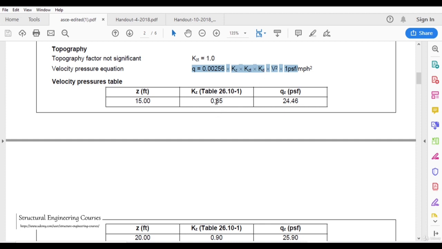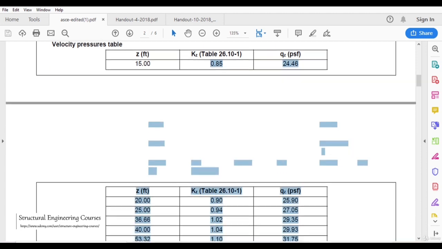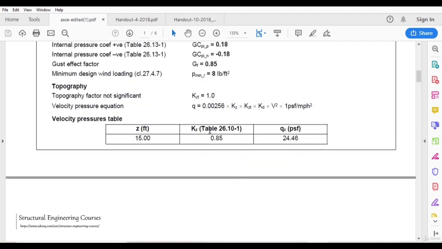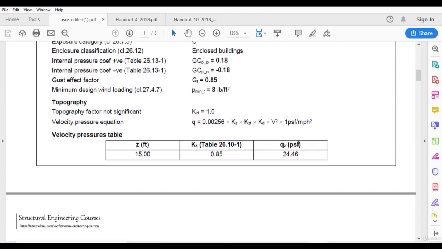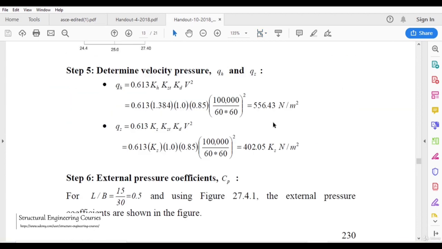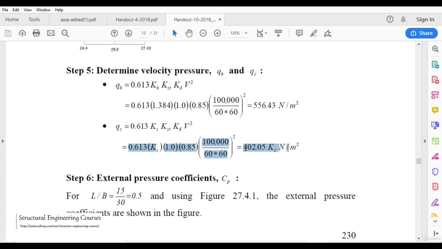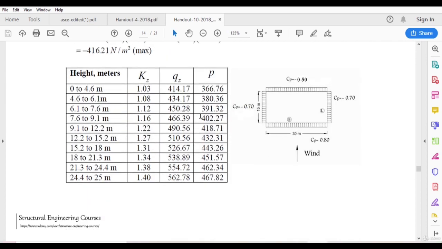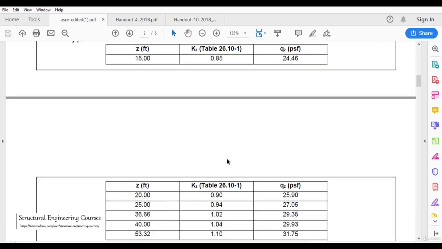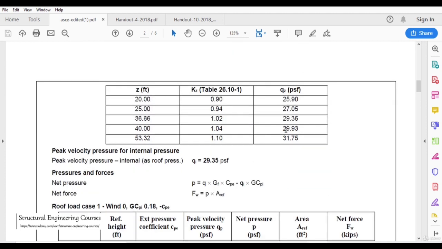We had already discussed in our previous lecture that this QZ value is a function of KZ. So similarly, as we had calculated KZ and QZ for different heights, the same thing is being done here. For different Z values, KZ comes out to be different, and accordingly QZ also comes out to be different.